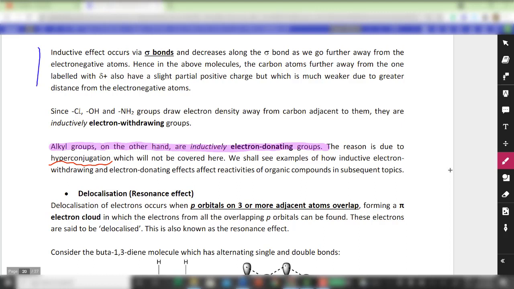The inductive donating effect largely is because of the presence of alkyl groups, and particularly it is due to the C-H bonds in those alkyl groups. But again, I will not attempt to go into details at this stage.